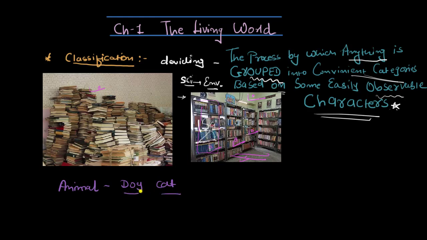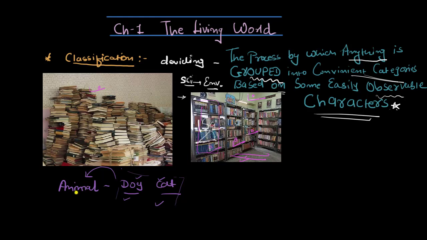How can you differentiate between dog and cat? Because there are some characters which are different in dog and different in cat. But there are some characters which are similar in both, and based on that you have put them into the same category which is called animal. So you are dividing or grouping them by your convenience.